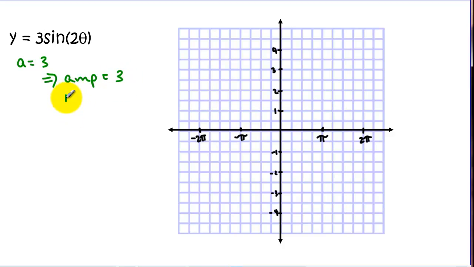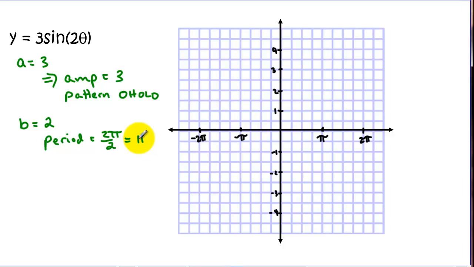And our pattern, since that's positive, will be the O, high, O, low, O. And B is 2, so that implies our period is 2 pi over 2, which is pi. And this thing I call the increment, that's the distance between each of these changes here, is going to be the period divided by 4, or pi over 4.